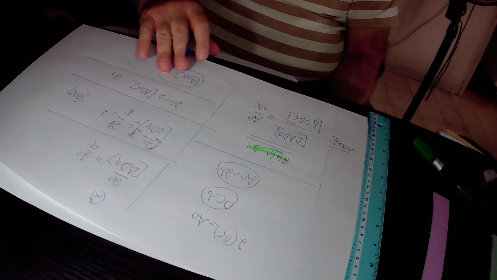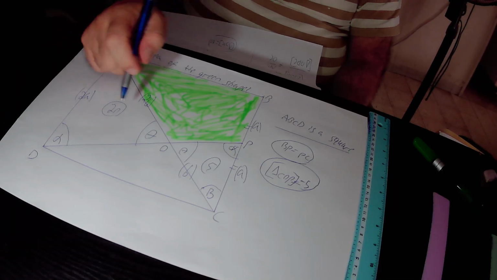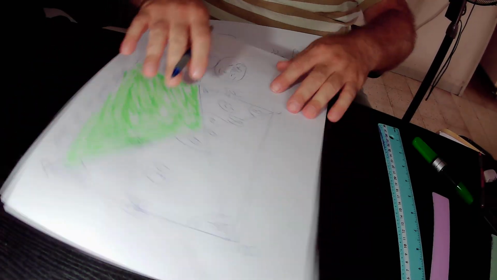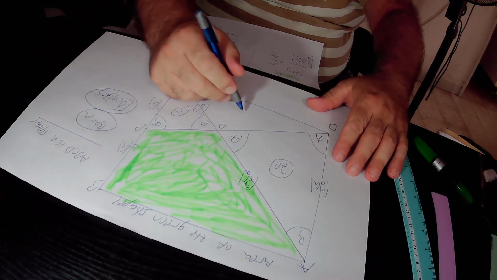So the area of triangle DOC is 10 square units.